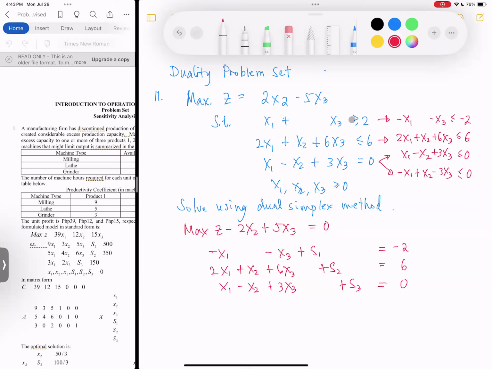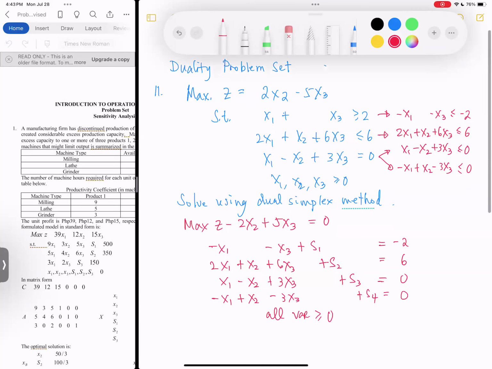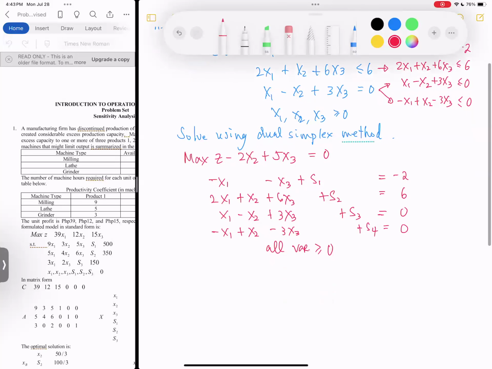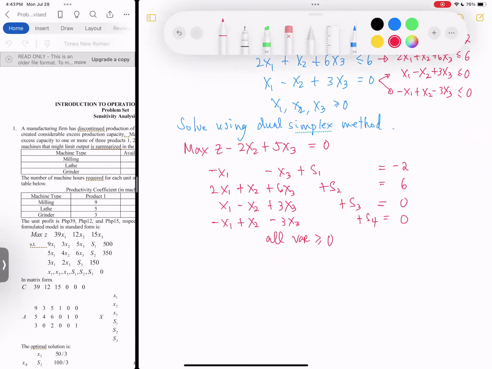So that's the difference with artificial variable technique. And then the last one, negative x1 plus x2 minus 3x3 plus s4 equal to 0. So all variables greater than or equal to 0. Clear so far? So this is your standard form.